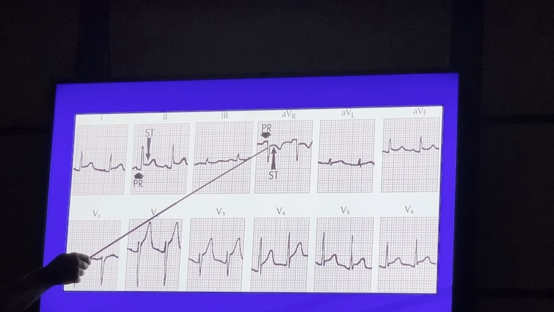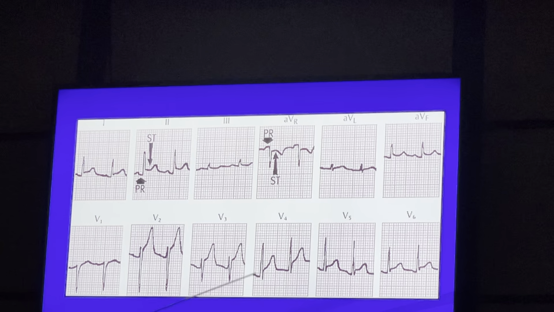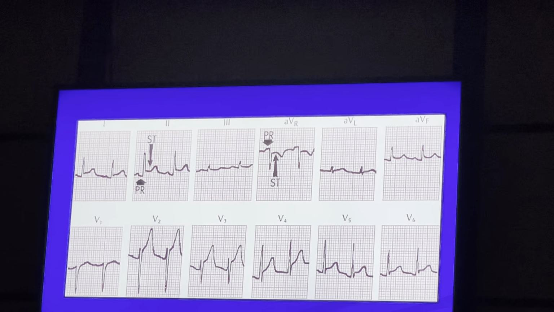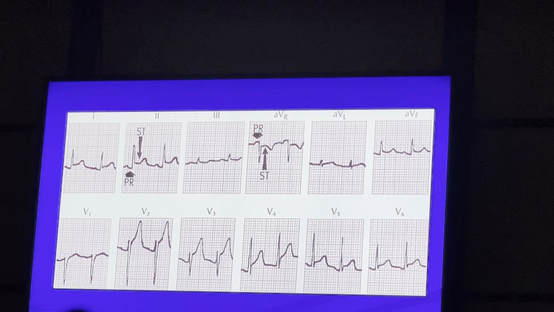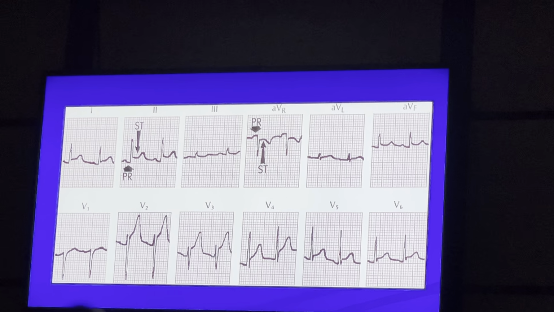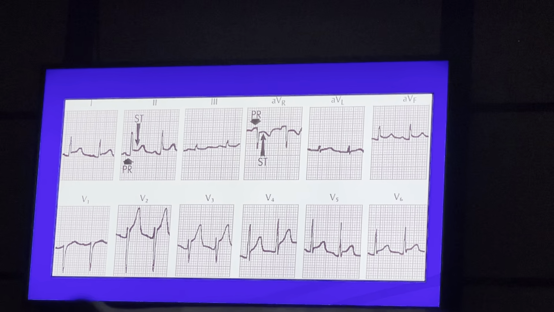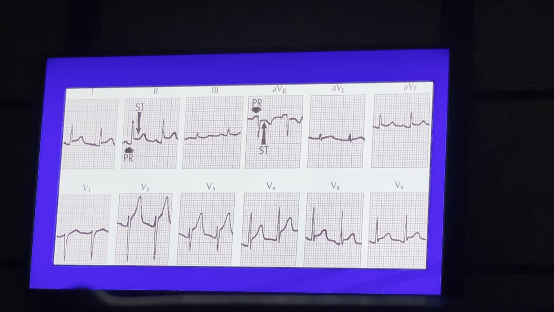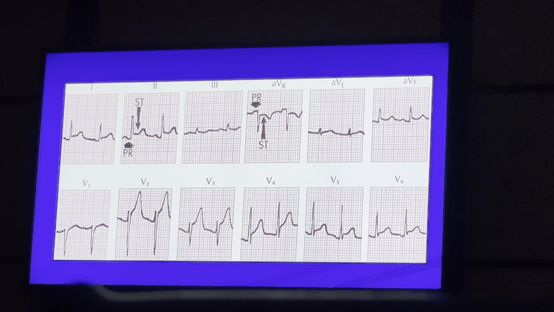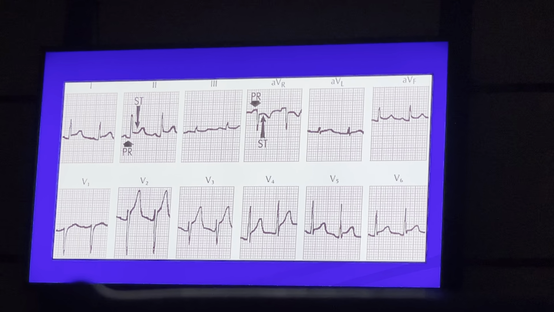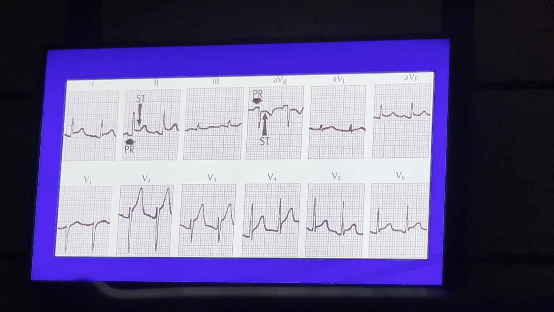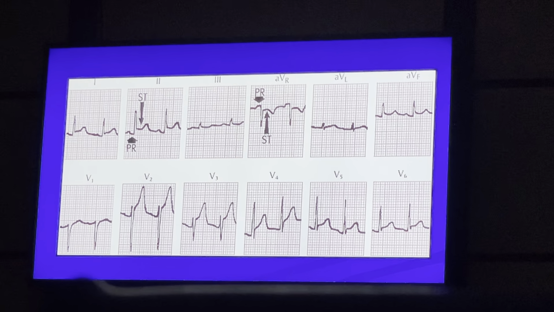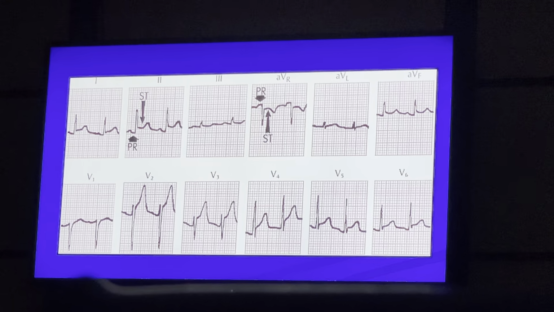Yes, this PR segment is elevated, and there is no notching. So up till now we have discussed three types of ST elevation. One, ischemic. Second, benign early repolarization, and third, due to pericarditis. So, next.